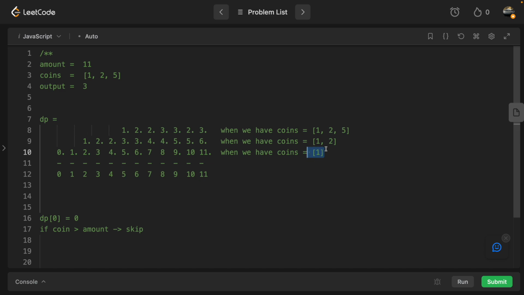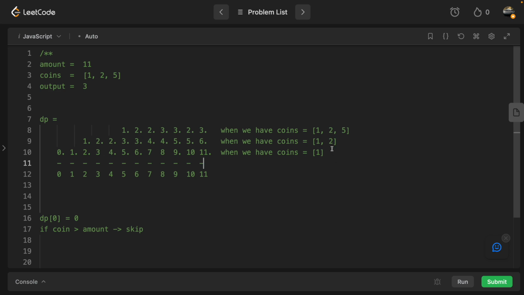Also, when we have coin 1 here, we can see that each of the values is added by 1. So here is 1, 2, 3. Each of the values increases by 1 until the end here. And if we have the coin 1 and 2, we can see that each of the values either stays the same or increases by 1.